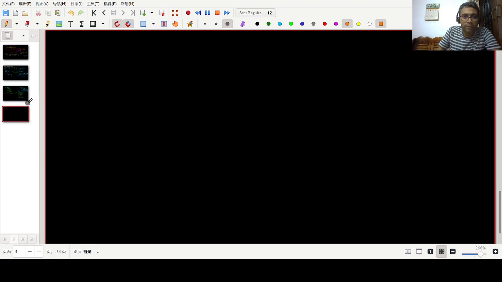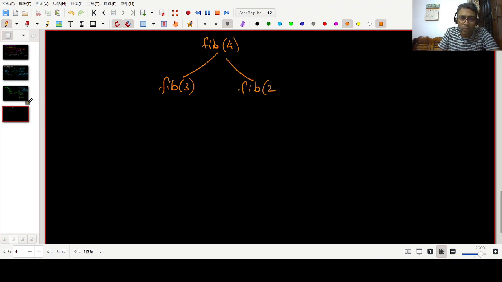So let us draw for fib of 4, since we have already seen fib of 3. Fib of 4 branches to fib of 3 on the left and fib of 2 on the right. First it will come through the left hand side.